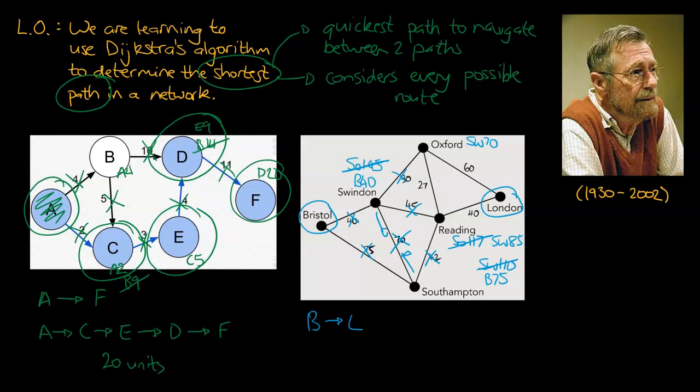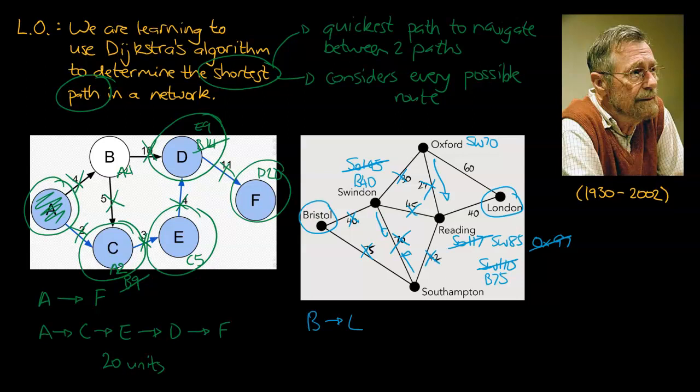But maybe from Oxford we go down to Reading, which would have been 97, pretty close to the 85 via Swindon, but not quite quicker. So let's cross out Oxford, and I've now considered that 27 route.